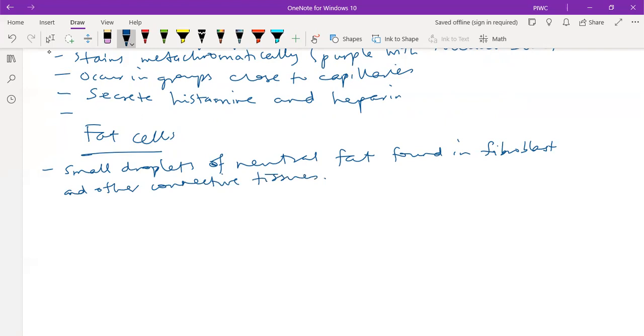But if you look at the true fat storing cells, the fat completely fills the cells so that the nucleus is flattened and lies close to the cell membrane.